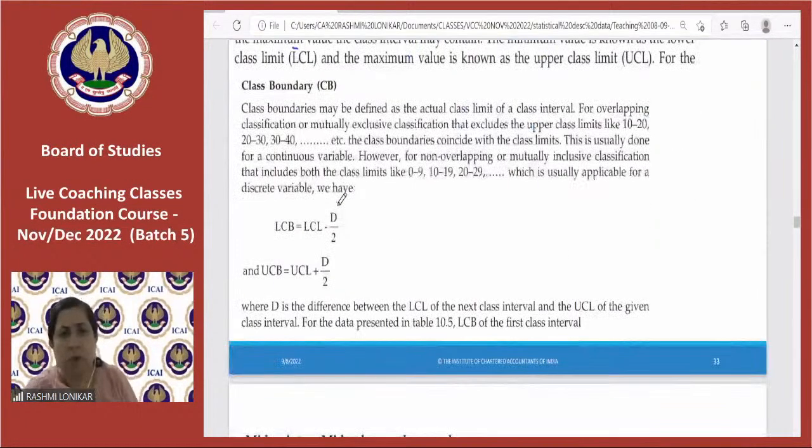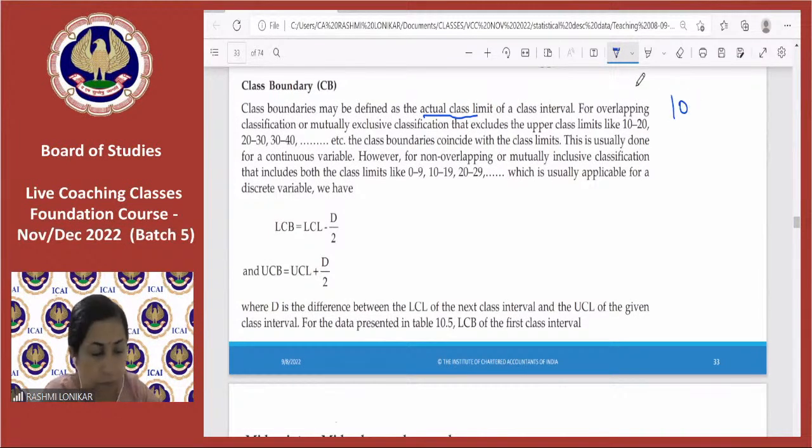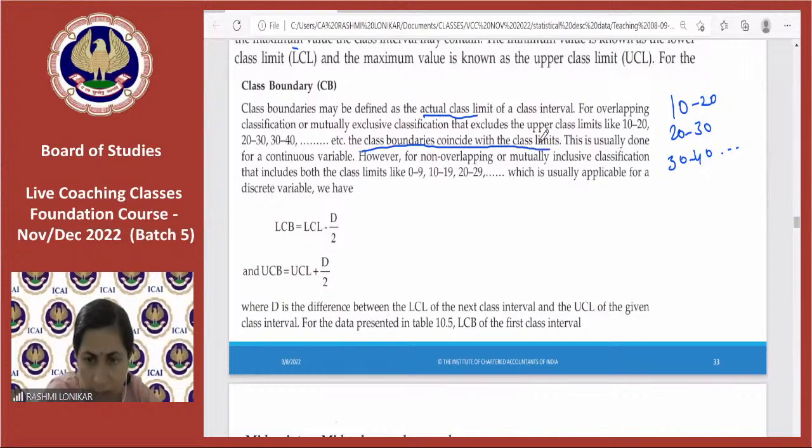Then a very important concept is that of class boundary. Now, class boundaries may be defined as the actual class limits of a class interval. For overlapping classifications, like we have 10 to 20, then 20 to 30, 30 to 40, and so on, the class boundaries in this case coincide with the class limits.